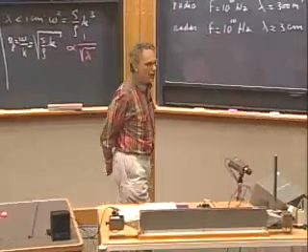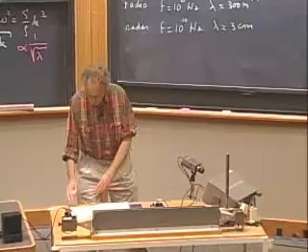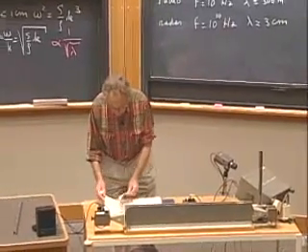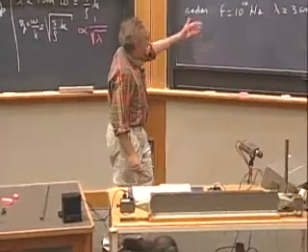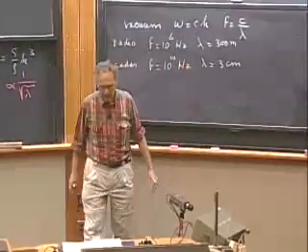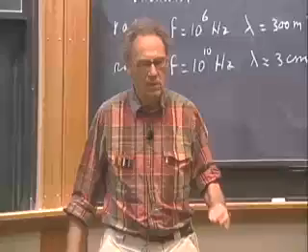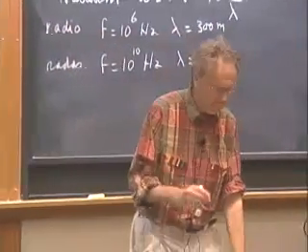And when you go to ultraviolet and X-rays and gamma rays, the frequencies go higher and higher, and the wavelengths get shorter and shorter. Non-dispersive in vacuum. They all travel with exactly the same speed.